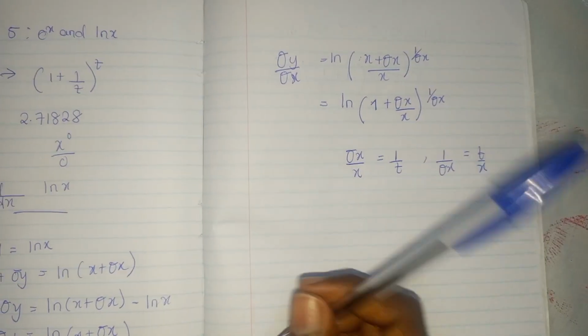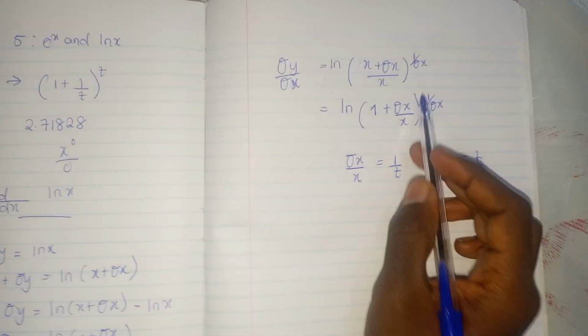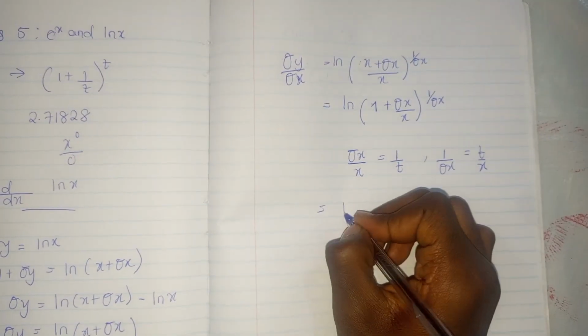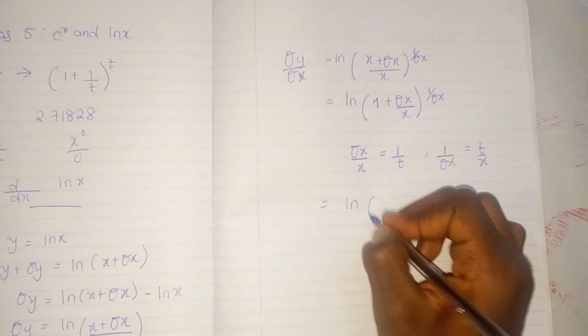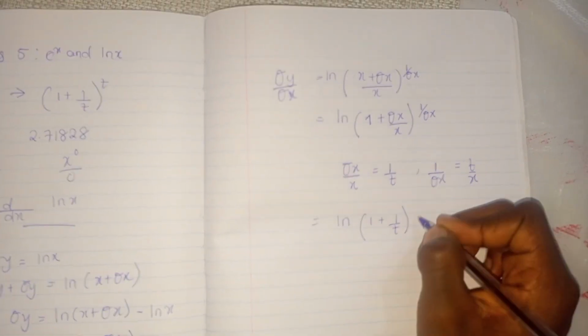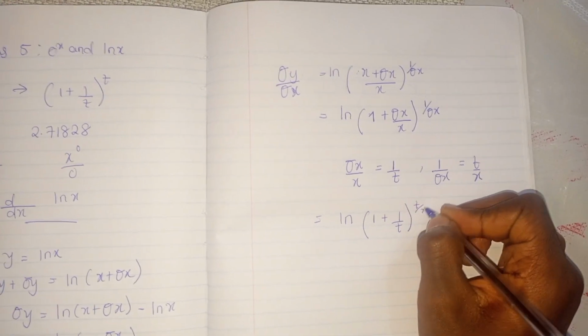And if we go back and replace this in our already existing equation, we have ln of (1 plus 1 over t) to the power t over x.